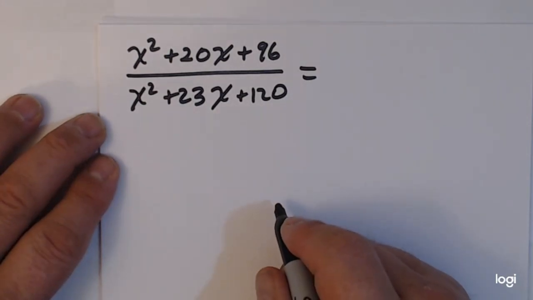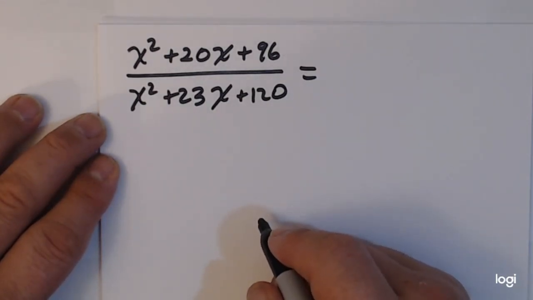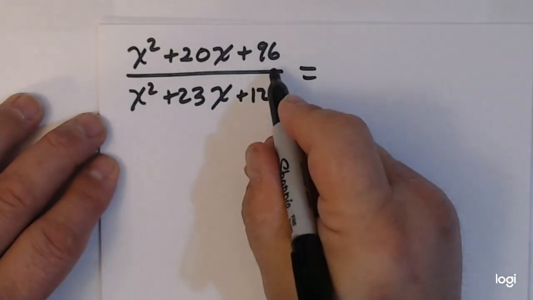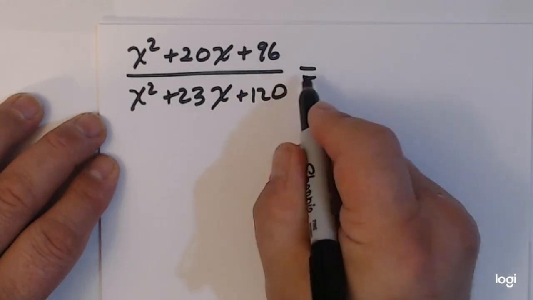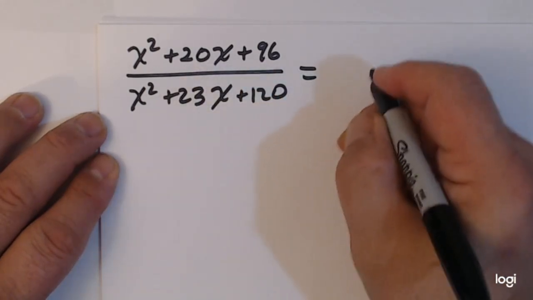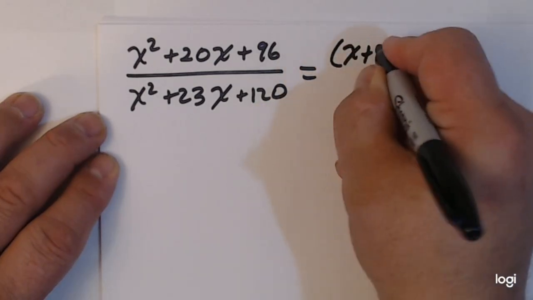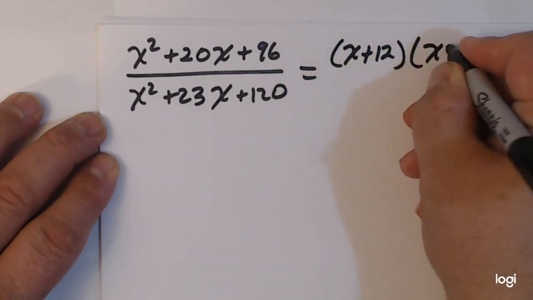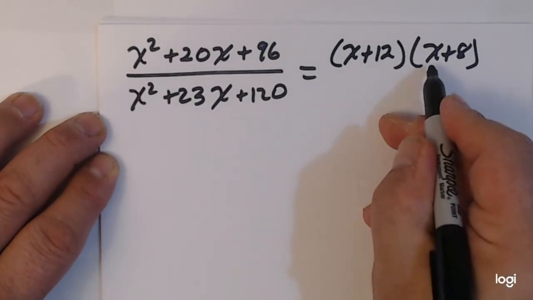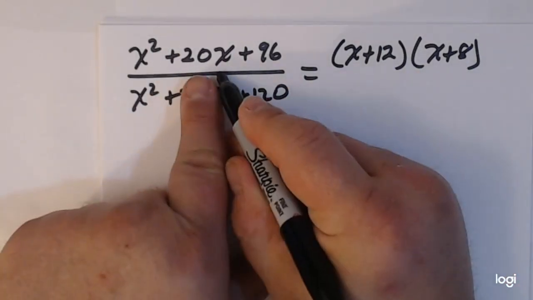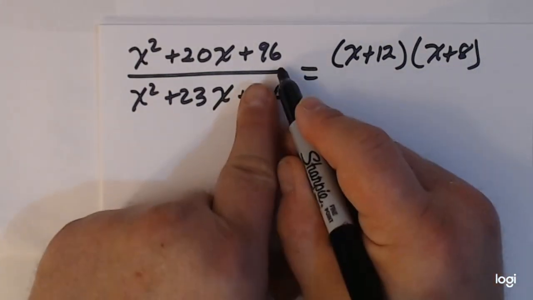Okay. So 96, if you know your 12 times table, you know that it's 12 times 8, and 12 and 8 is 20. So that's how this one's going to factor in the numerator. X plus 12 times x plus 8. X squared plus 8x plus 12x is plus 20x. 8 times 12 is 96.